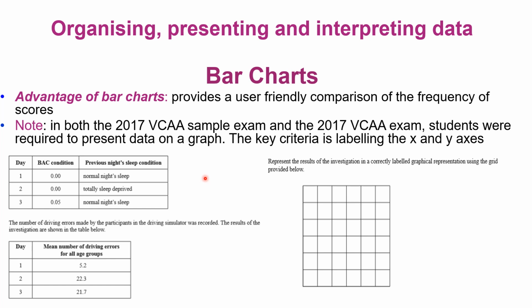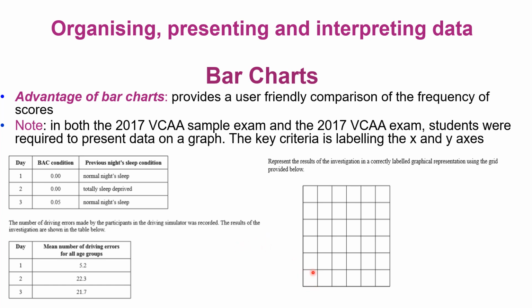And so what we needed to do was identify that group 1 had a normal sleep in our first bar, in the second one they were totally sleep deprived for 24 hours, and then the third one had a BAC of 0.05. So it's an alcohol versus sleep deprivation experiment with a control group thrown in. And then we've got our scores here. So on our axis here, we've got from 0 to 25. We're labeling it as the mean number of driving errors.